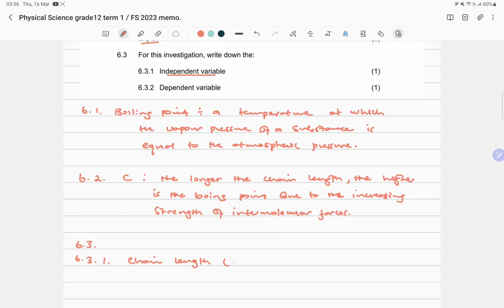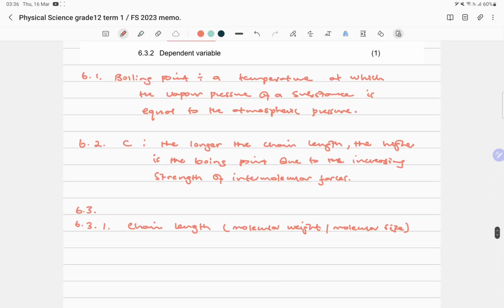Easy, or you can say molecular weight. Okay, or molecular size. It is honestly up to you, but since we spoke about chain length upstairs, it's fair to use it again.